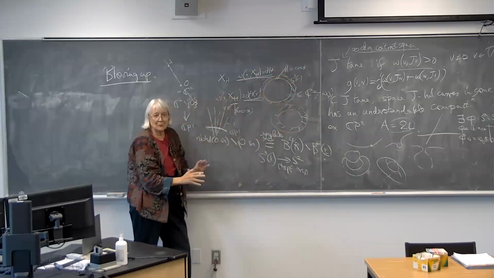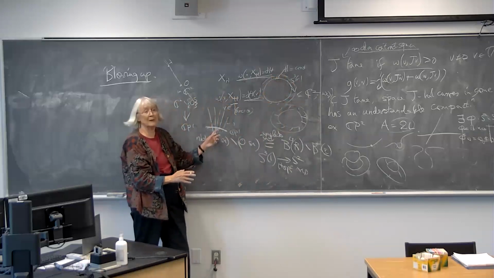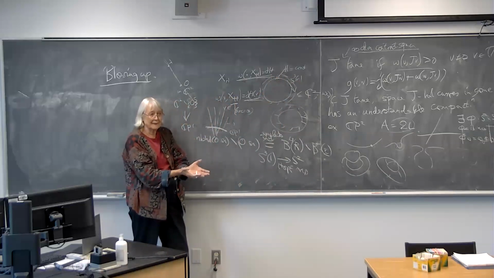So it means that when you're blowing up a point in a symplectic manifold, and you're putting a symplectic form on the result, what you're really doing is embedding a ball and removing the interior of the ball and collapsing the boundary. That's what you do.